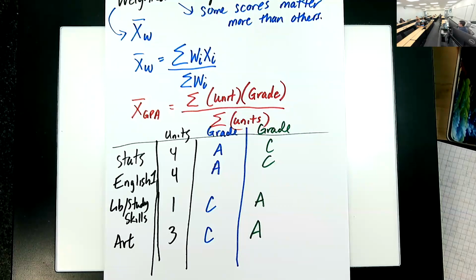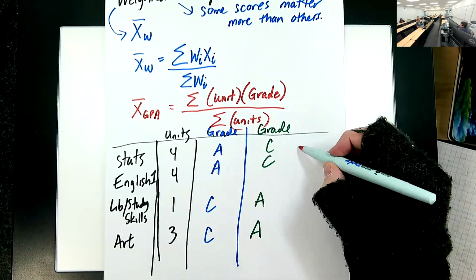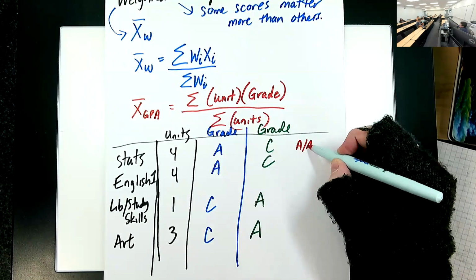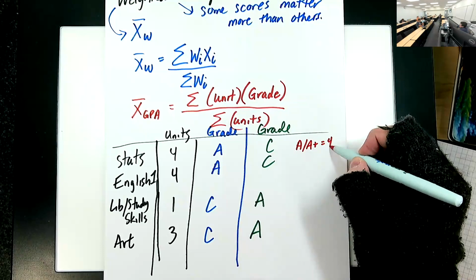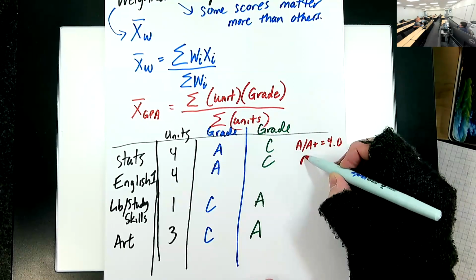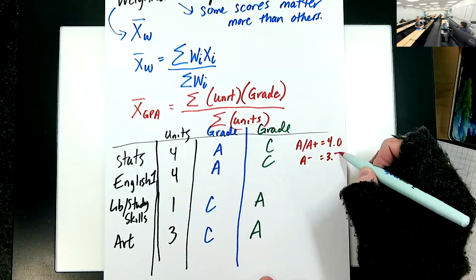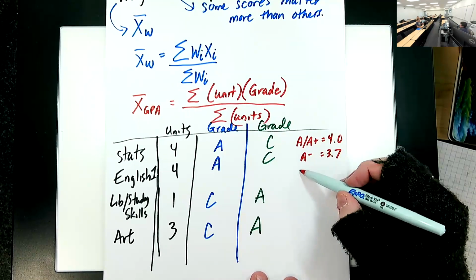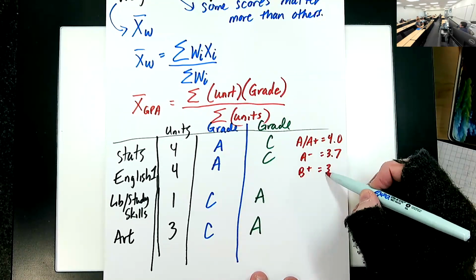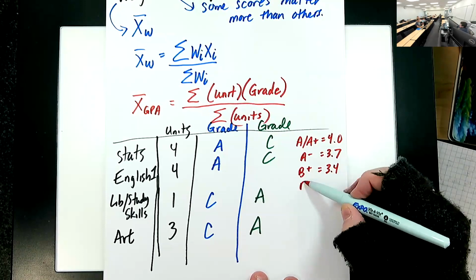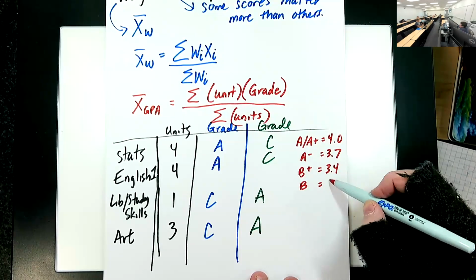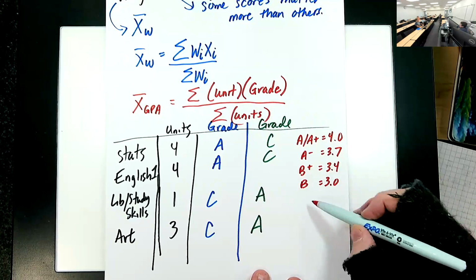Now, to do this a little bit more, you need to know what each letter grade is worth. A and A plus is worth a 4.0. An A minus is 3.7. A B plus is a 3.4. A B is a 3.0.